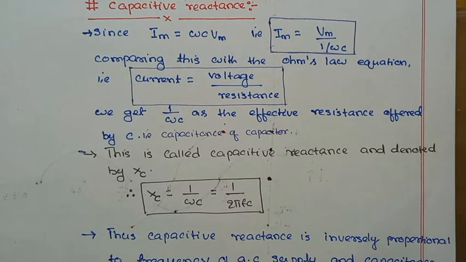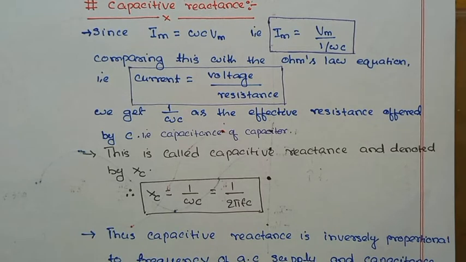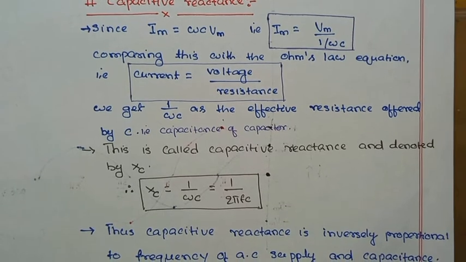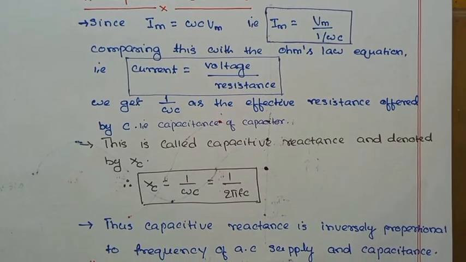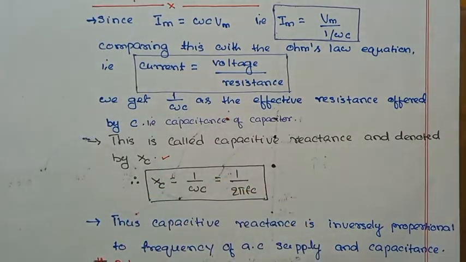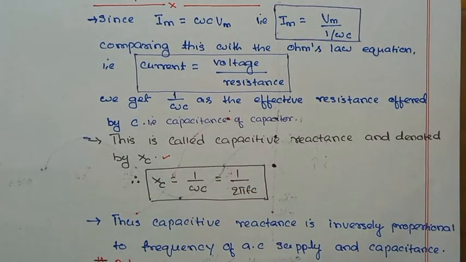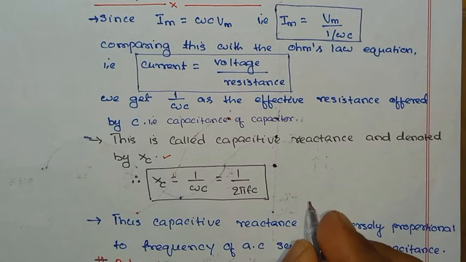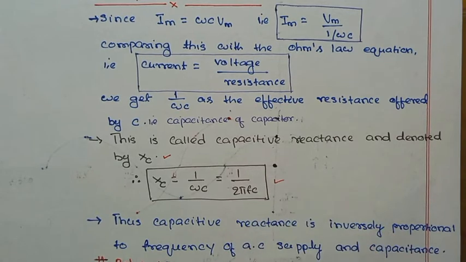Therefore, this effective resistance offered by the capacitance of the capacitor is called capacitive reactance, and it is denoted by Xc. So, Xc is equal to 1 by omega c, that is 1 by 2 pi F c, because omega is equal to 2 pi F. ठीक है?